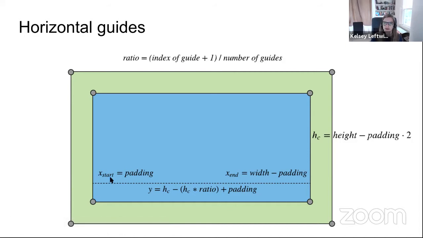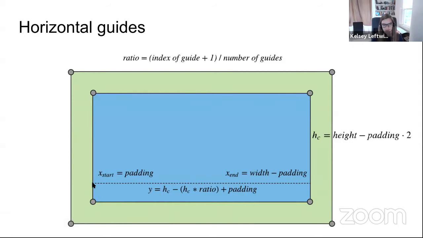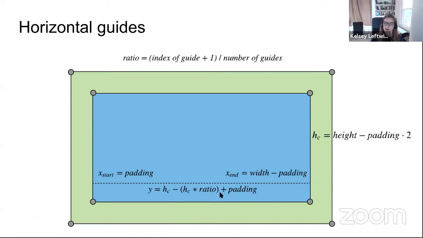So with the horizontal guide, our X will always be the same, because they're just going to line up with these edges of our chart. So the start will be the same value as our padding, because we just push it over that much. And then our end will be the total width of our SVG minus the padding on this side.